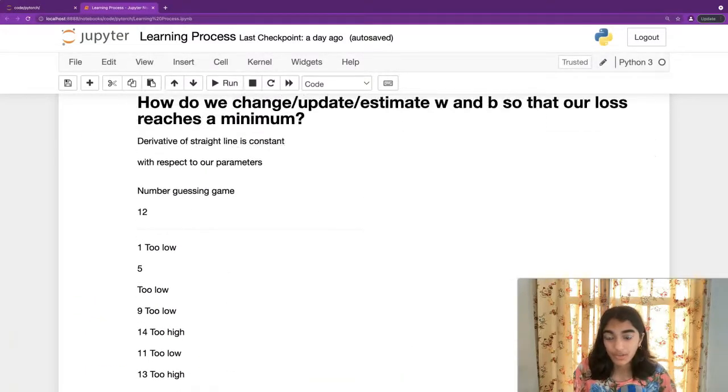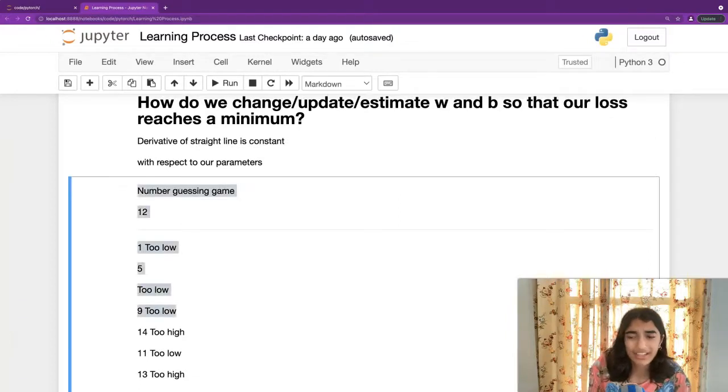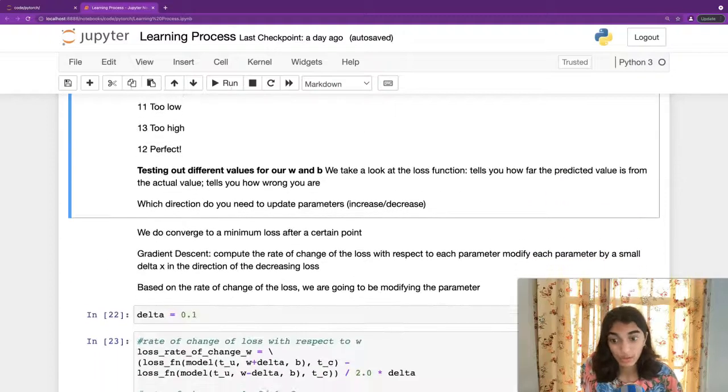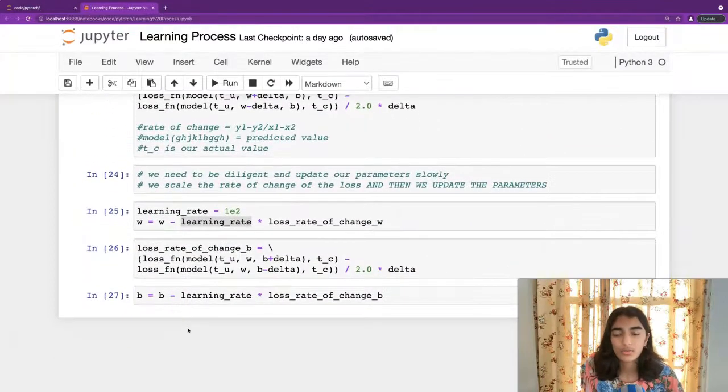Otherwise you'll end up in a situation like this where we are trying to guess a number and our guess is 9, and then we went too far up, we updated it too much, and now we're too high, so we're further away from our goal. We also don't want to update it super slowly, because that's going to take forever, but at a reasonable rate, and that's the learning rate.